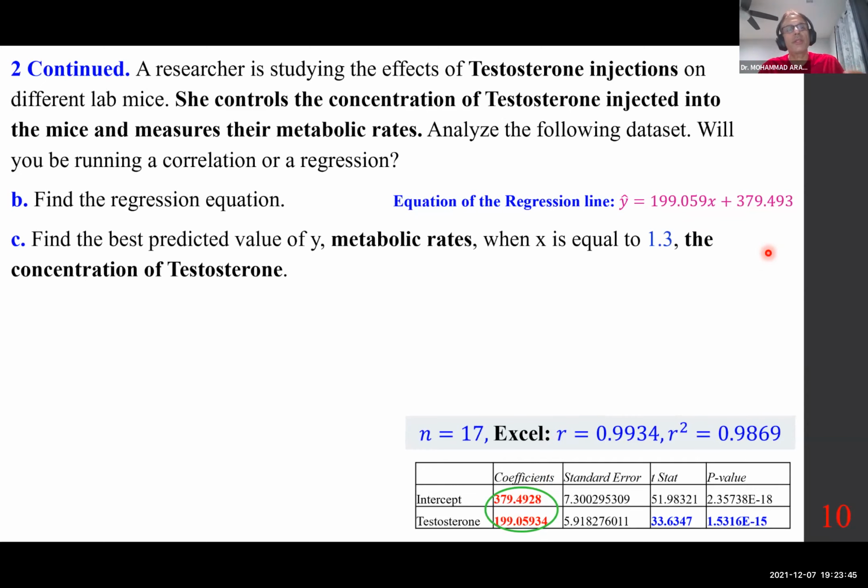Find the best predicted value of y, namely metabolic rates, when x is equal to 1.3, the concentration of testosterone. Now, because we proved there is a significant linear correlation, we simply plug in.